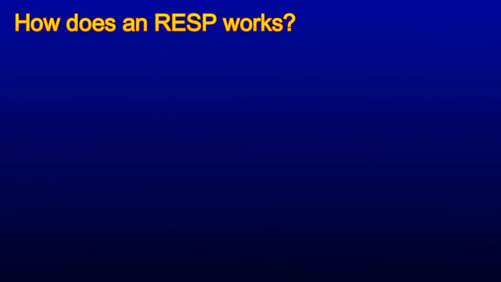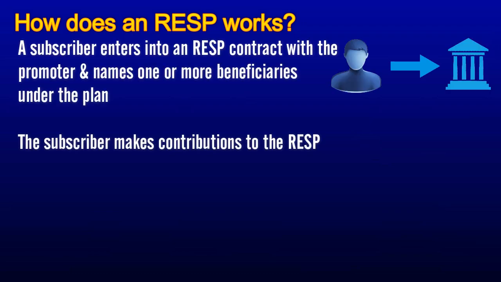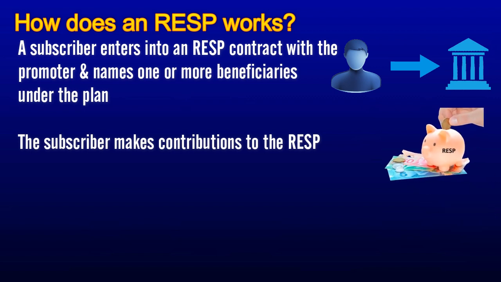Now let's see how an RESP works. First, a subscriber enters into an RESP contract with the promoter and names one or more beneficiaries under the plan. Then, the subscriber makes contributions to the RESP. How much you want to contribute is up to you. I will show you the contribution percentage in my next slide.